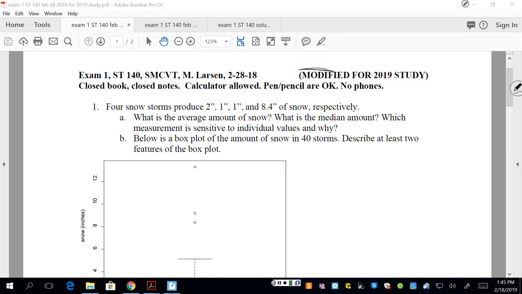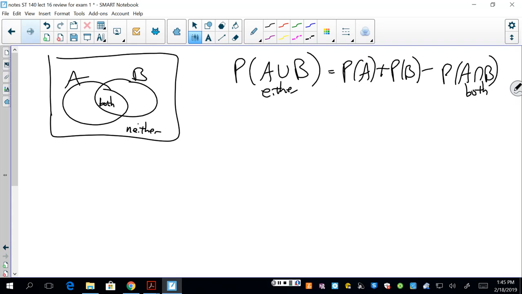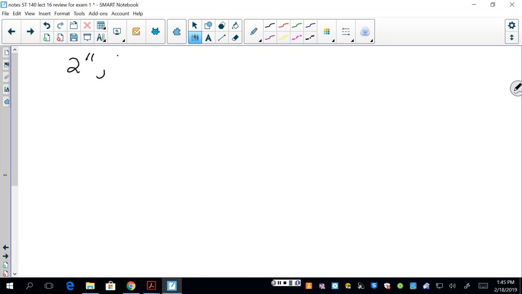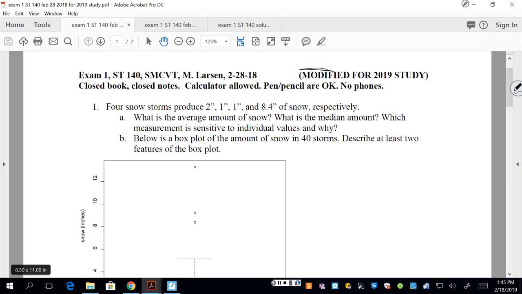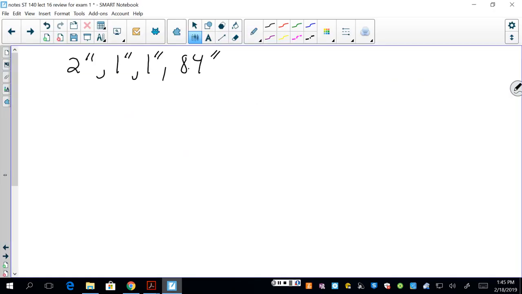So for snowstorms, we had 2 inches, 1 inch, 1 inch, and 8.4. We can get the average value: 1 plus 1 plus 2 plus 8.4 over 4.